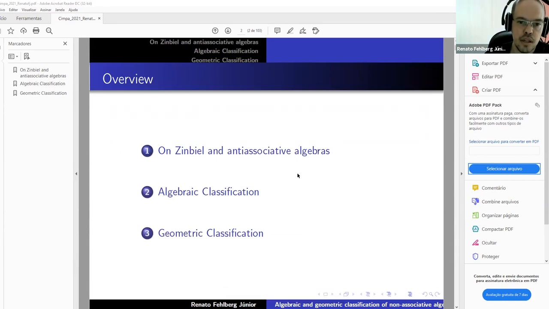In the first part of this presentation, I will talk about some results about Zinbiel and antiassociative algebras, and some known results about classification of algebras. So in the second part, I'll talk about the algebraic classification.